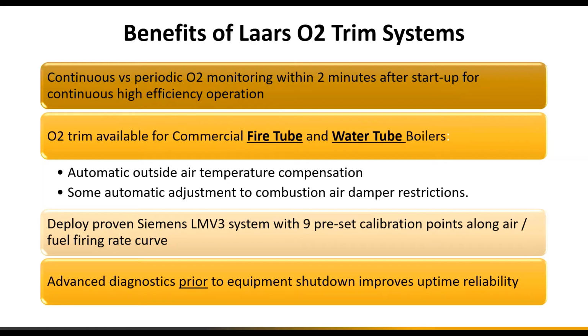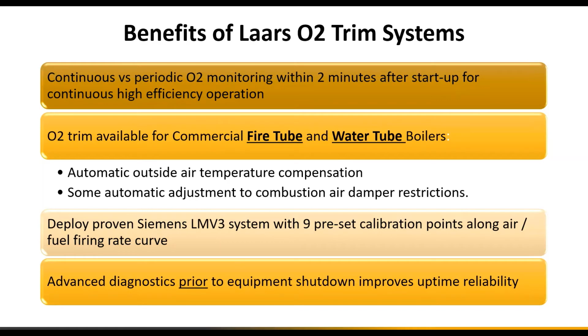Some of the additional benefits of O2 trim are that, if certain things happen on the outside of the system, there's automatic outdoor temperature compensation, because if the outdoor temperature drops, the air will become more dense. The O2 trim system will pick up the change in O2 and make the necessary adjustment.